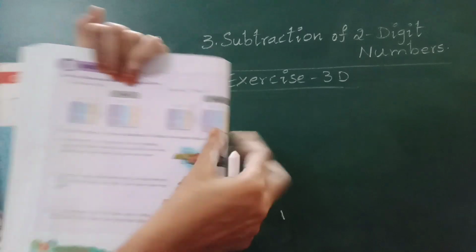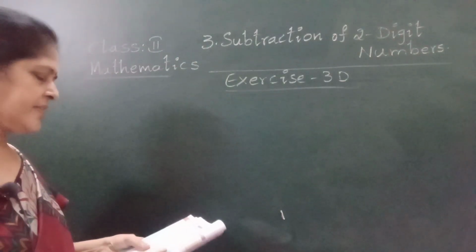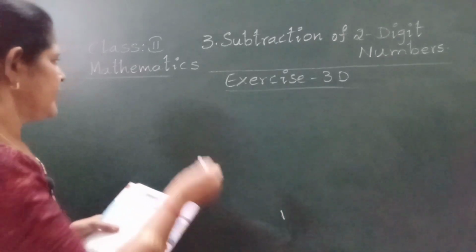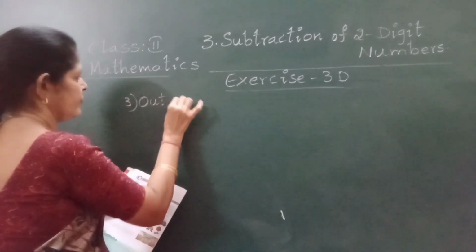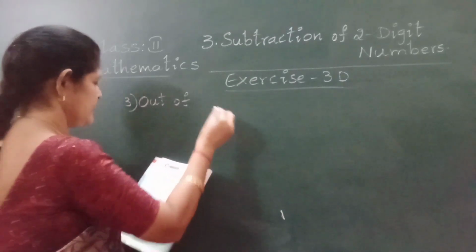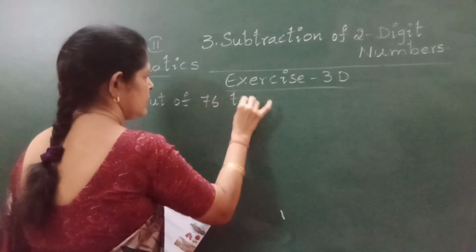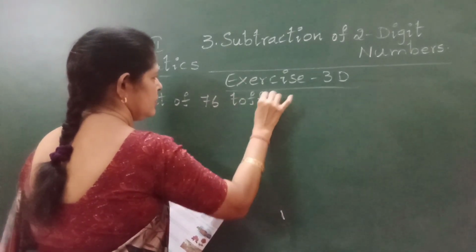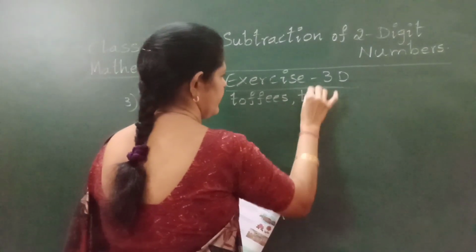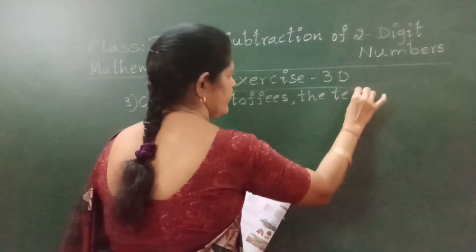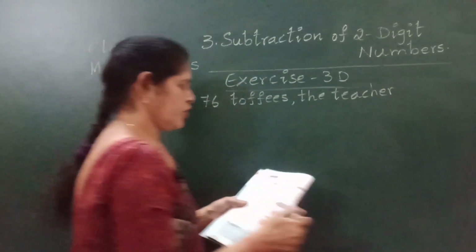Okay children, now come to the third one. Out of 76 toffees, chocolates, the teacher distributed 54 toffees, chocolates. You see in your textbook.